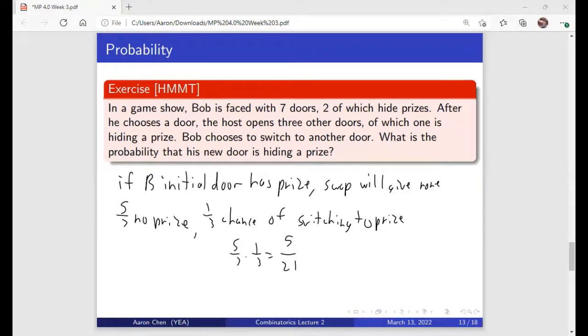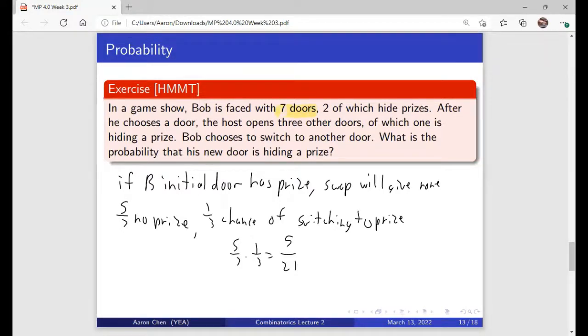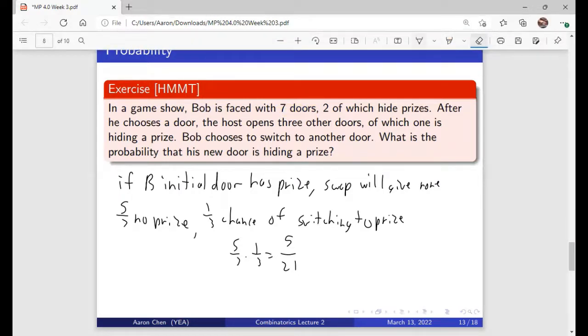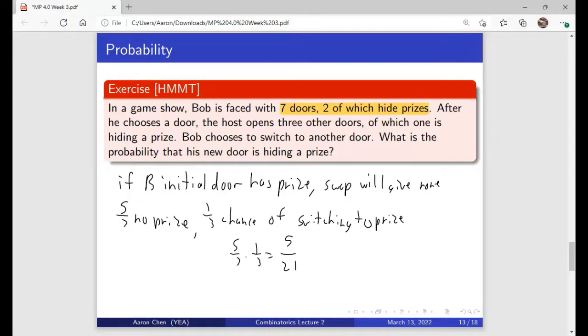All right, so I'll start going over this problem. So in a game show, there are 7 doors, and 2 of them have prizes. And so after Bob chooses a door, the host opens 3 other doors, and one of them is hiding a prize.